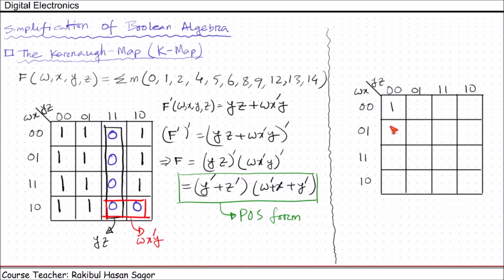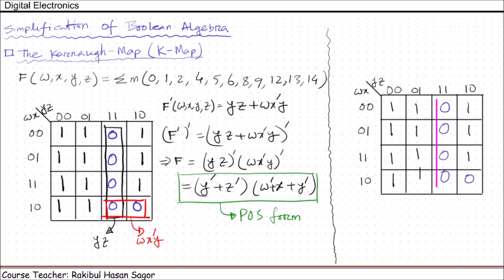If we map the ones from the previous example, we are directly putting the ones using this function, and these will be the zeros. Now if you want to get the simplified version of any function in POS form directly, you can map the zeros.